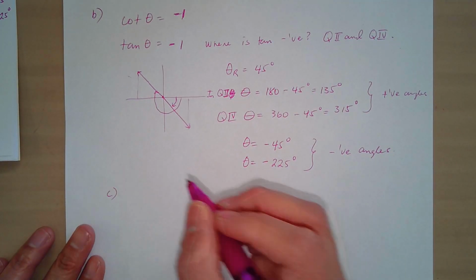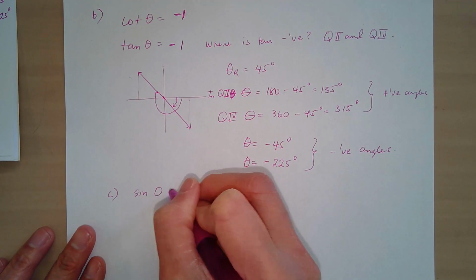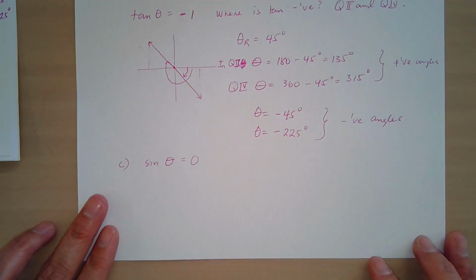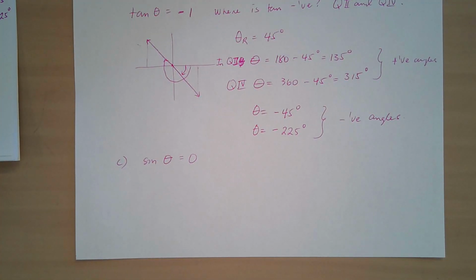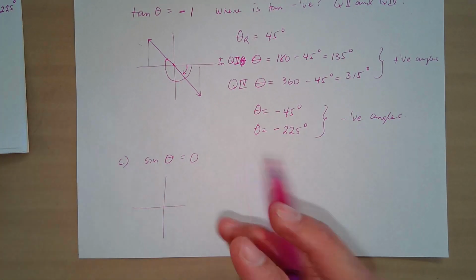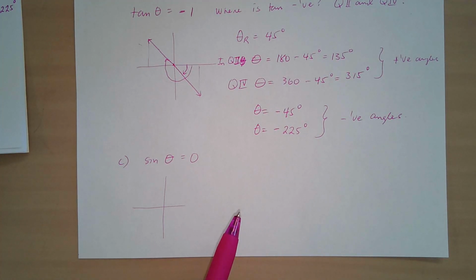Letter C: sine of theta is equal to 0. Where is sine 0? That means where is the y value 0?